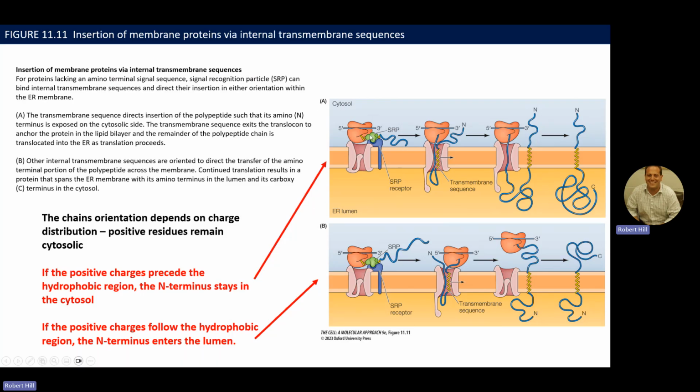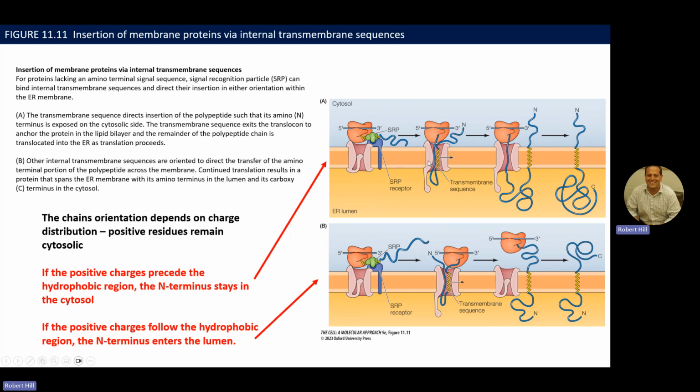All right, so here we have a situation where a protein is starting to be made. Here's the N-terminus. And then eventually what comes out is a hydrophobic span, right? So you have a series of amino acids that are hydrophobic, and the signal recognition particle can associate with it. It brings the ribosome and the newly made protein down to the SRP receptor, and it pushes the transmembrane sequence inside the translocon. The N term is still outside here.